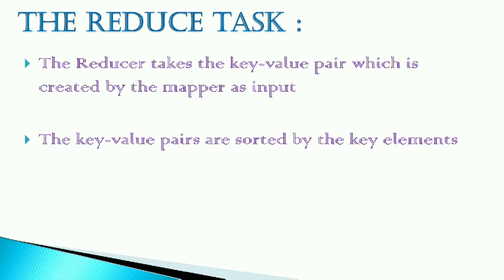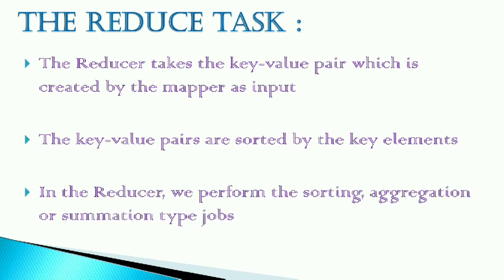The key value pairs are sorted by the key elements. In the reducer, we perform sorting, aggregation or summation type jobs. Here we are going for aggregation type of jobs. We can go for summation and also for maximum, minimum calculations and so on.